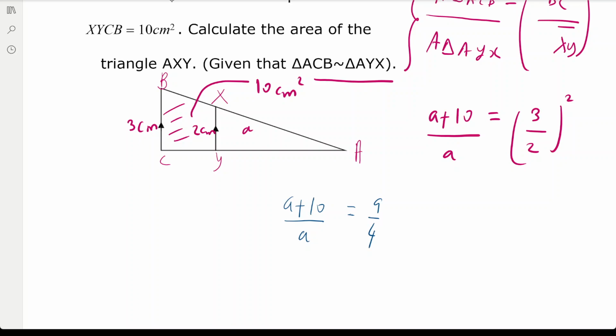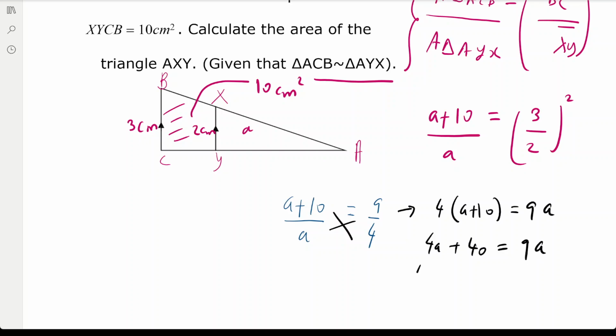We continue solving. When you cross multiply, what you get is 4 multiplied by A plus 10 equals 9A. So you have 4A plus 40 equals 9A. 40 is 9A minus 4A.